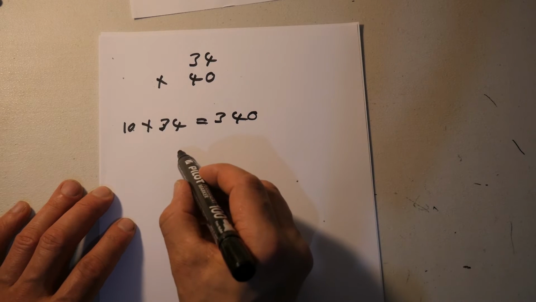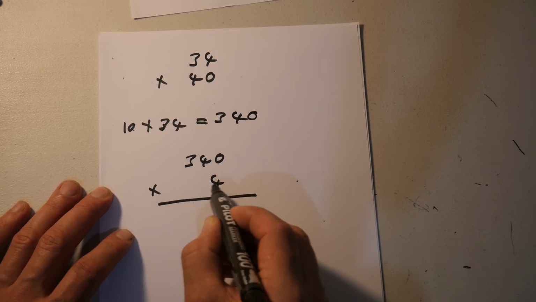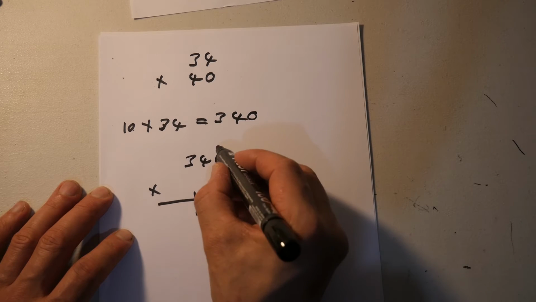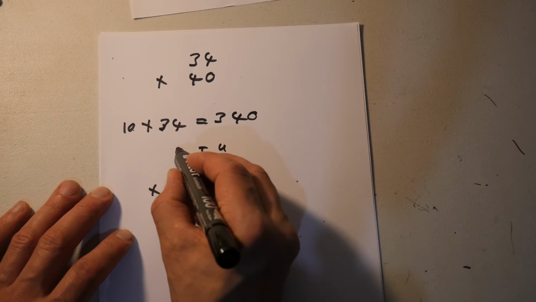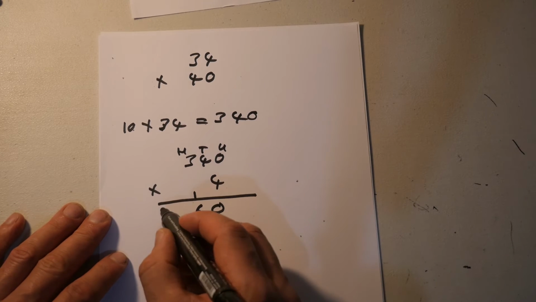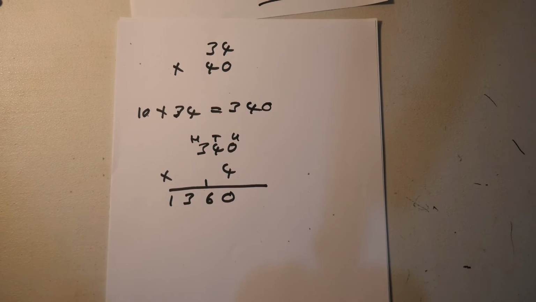And then do 340 times 4. 4 times nothing is nothing. 4 times 4 is 16. Remember, these columns are lined up, units, tens, hundreds. 4 times 3 is 12, plus 1 is 13. Okay? So that's the quick way of doing it.